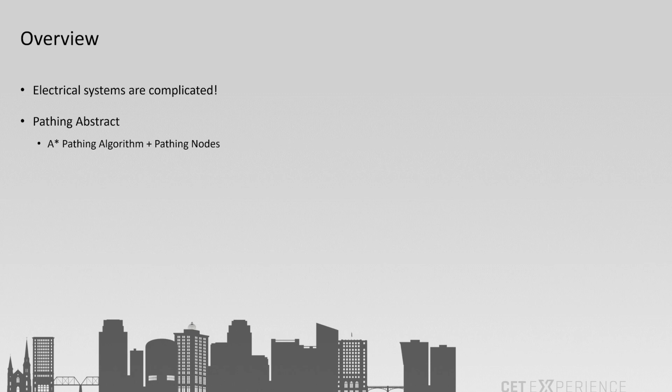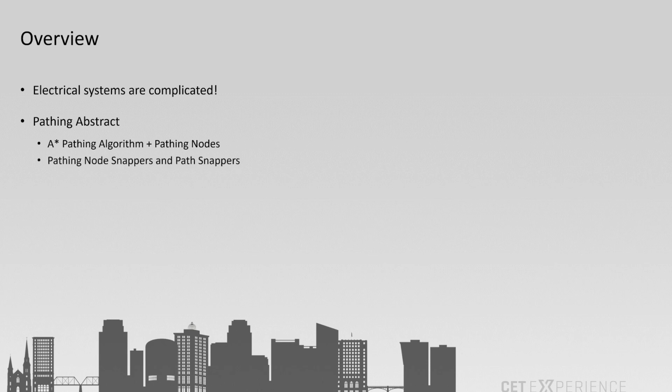And we've gone ahead and provided the A-star pathing algorithm for you to use out of the box. This is a node-based algorithm, so we have pathing node base classes that you can leverage. And I should note that you can substitute your own algorithm if you don't want to use the provided A-star algorithm. It just has to be a node-based algorithm.